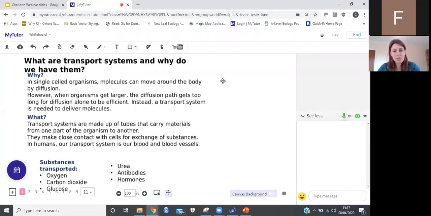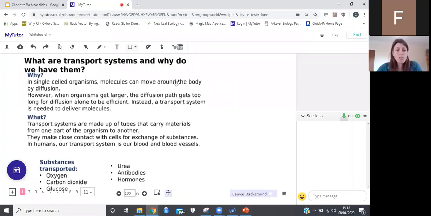The first one was on digestion, and for the next hour, we're going to talk about transport systems within our bodies. That leads on quite nicely from digestion, and before we talked about the lungs as well, and gas exchange in the lungs. So this kind of brings together those two systems and how they work in our bodies.